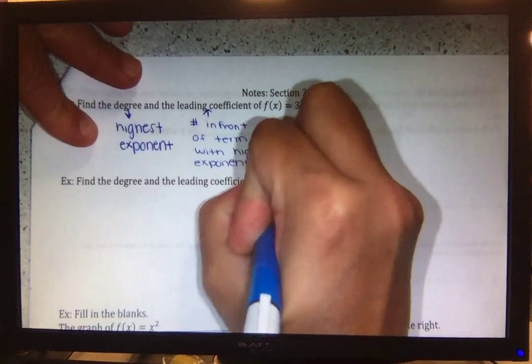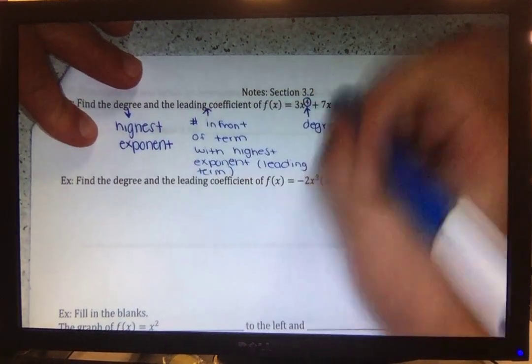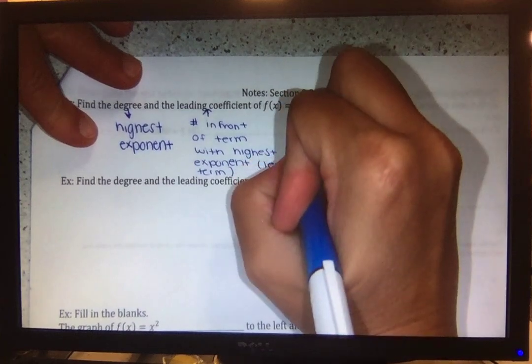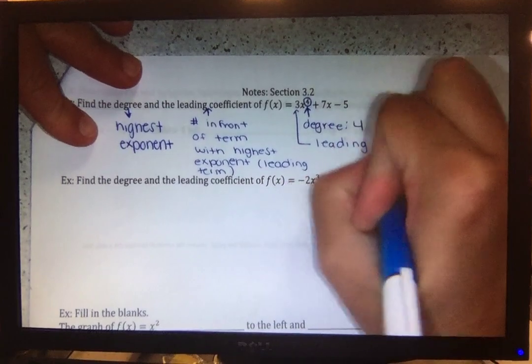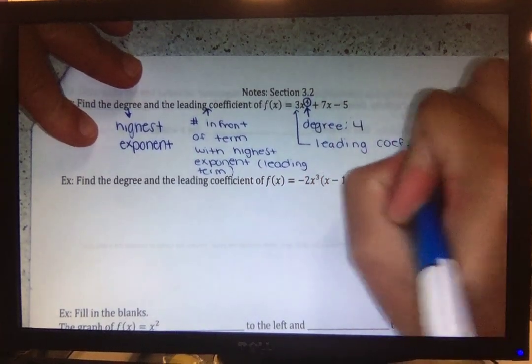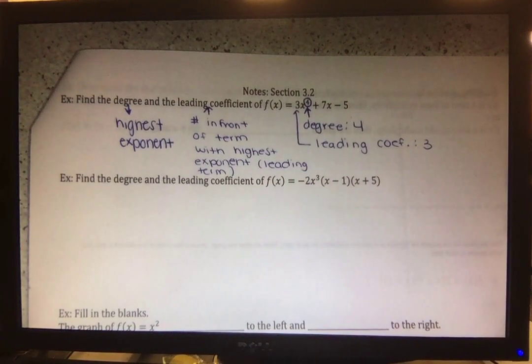And remember, this is called the leading term. But anyways, our leading coefficient would be that 3. Leading coefficient will be 3. So that's it. Found the degree, found the leading coefficient.